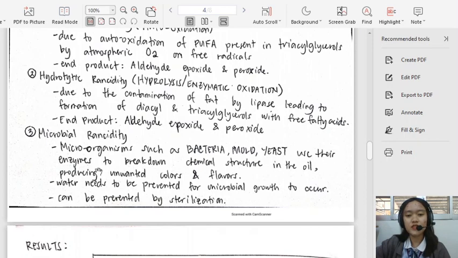They use their specific enzymes to break down the chemical structure in the oil, producing unwanted colors and flavors. This means you did not put your food or your fats and oils in a clean container, which is why bacteria, molds, and yeast reached it.